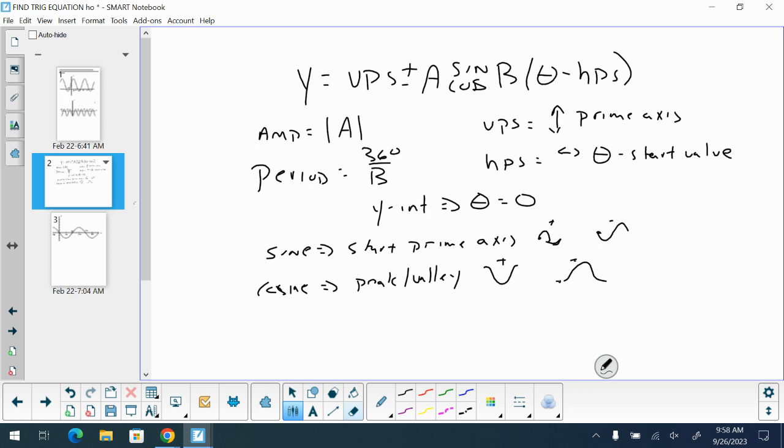The periods, I will keep as multiples of 90 or 30 or 60. I'm not going to give you really weird periods or horizontal phase shifts. I'll keep it simple. I don't need to complicate the problem and make it more difficult by adding that kind of stuff.